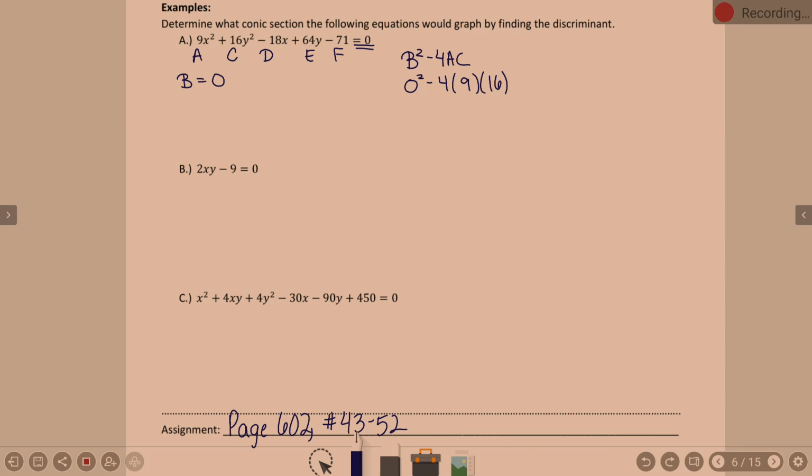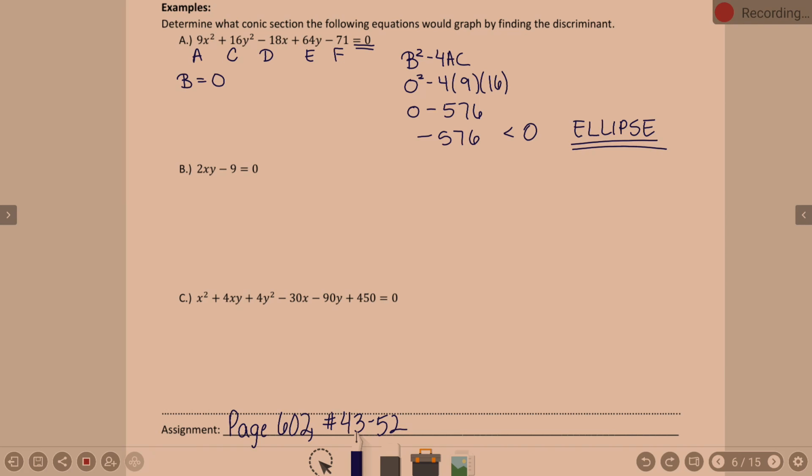An ellipse. Has to be an ellipse, doesn't it? Because 0 minus all those numbers multiplied is going to be less than 0. It's going to be a negative. I believe it ends up being 0 minus 576, so it is negative 576, which is indeed less than 0. And so that means that this is an ellipse. Okay?